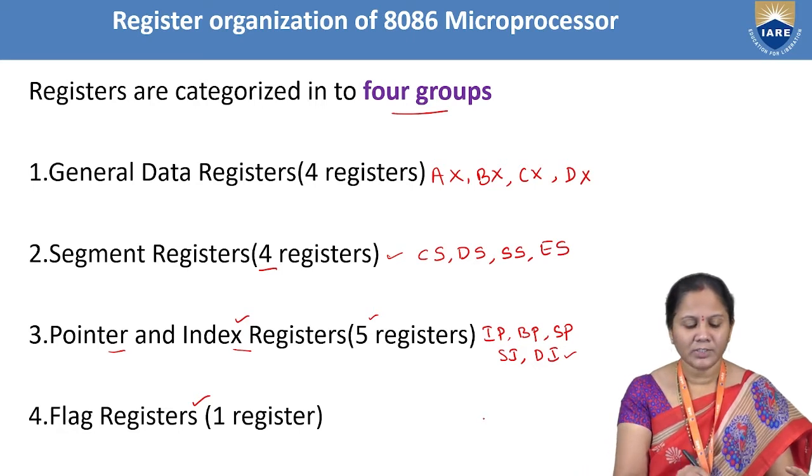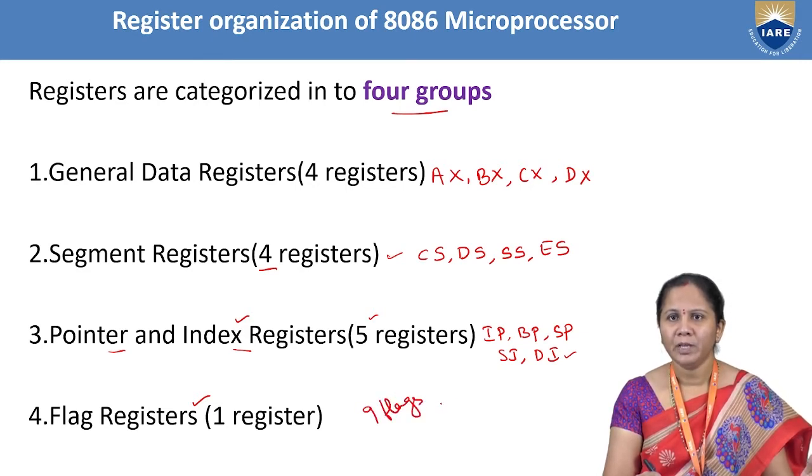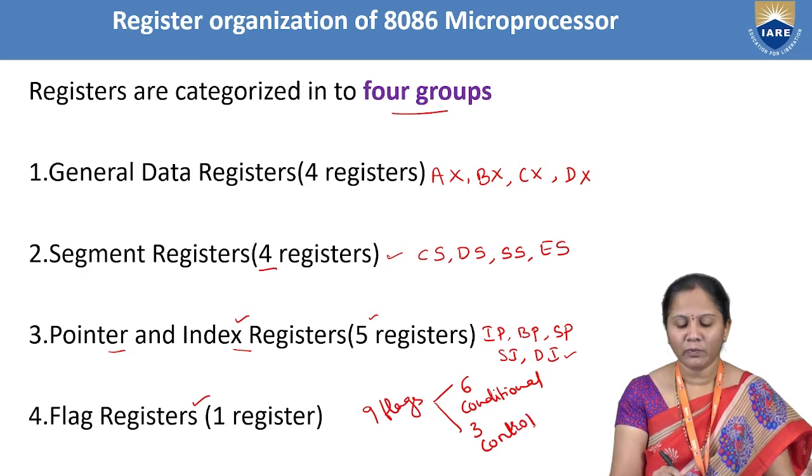And the next register is the flag register. We have one flag register. The importance of the flag register is that after the ALU performs arithmetic and logical operations, the result of the ALU will be represented with the help of this flag register. This flag register is also a 16-bit register, but among the 16 bits, only 9 flags will be used.